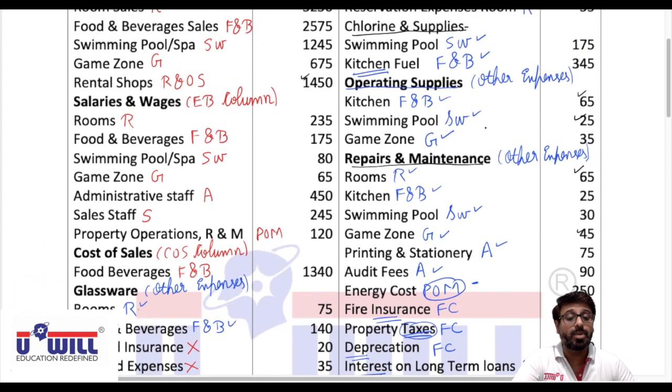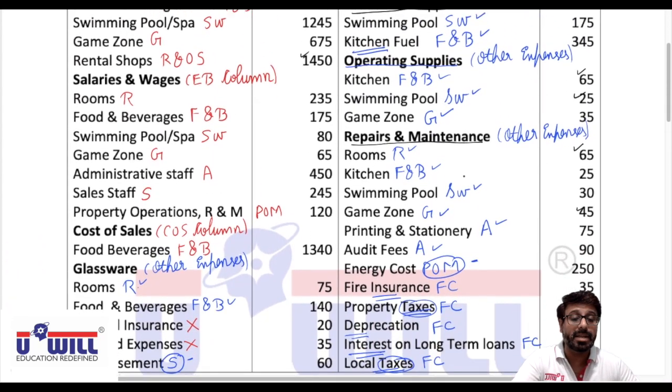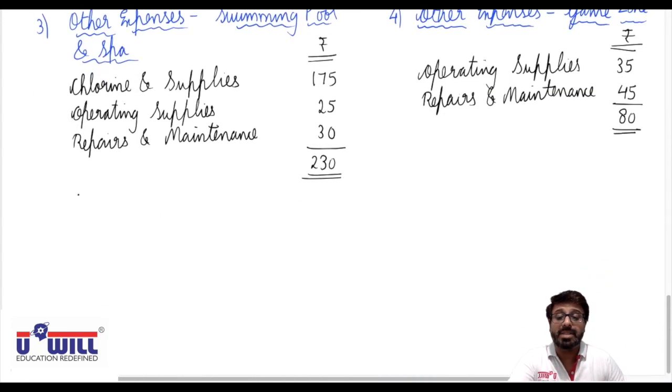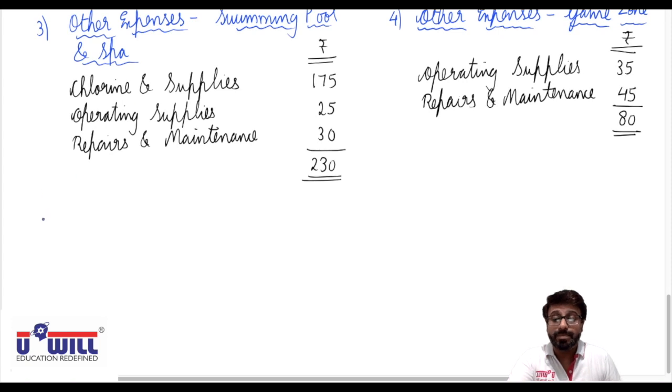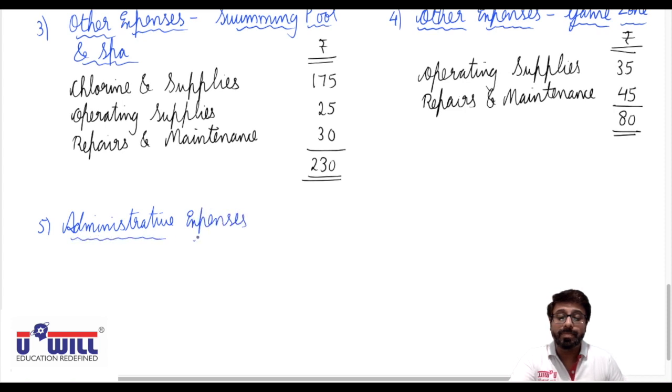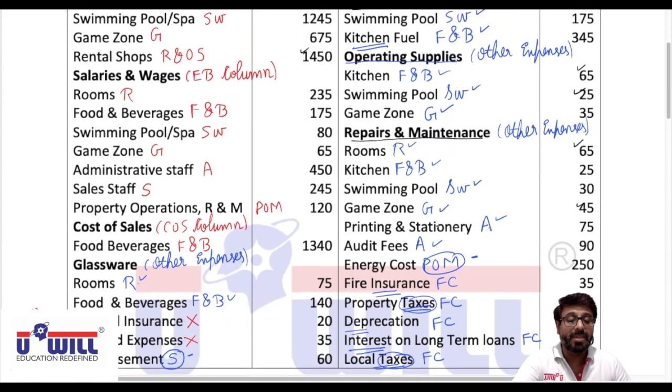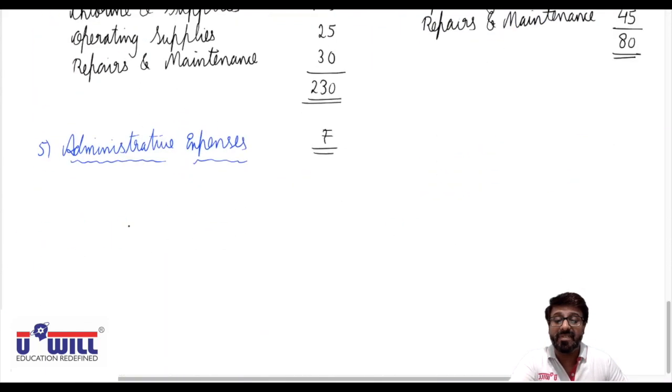Administrative expense, yes, we do have in other expenses. How many items are there? We discussed 1 and 2, so we will make a note for that. Administrative expenses, note 5. Two items as we have marked in administrative expenses as A. Very first is printing and stationery 75.